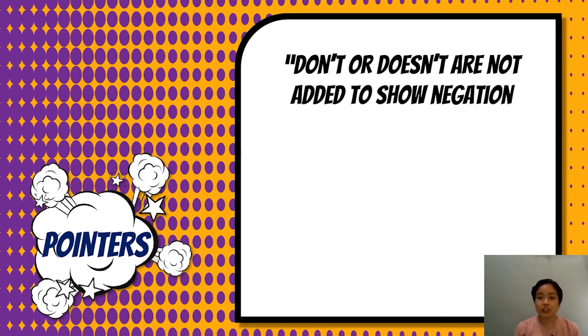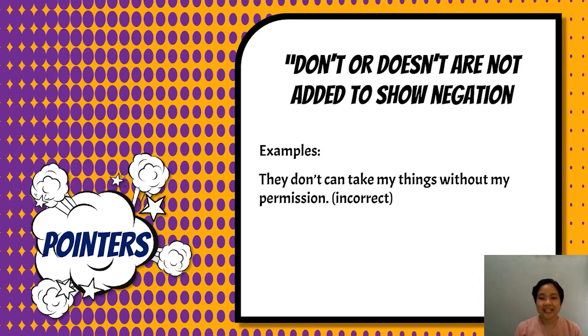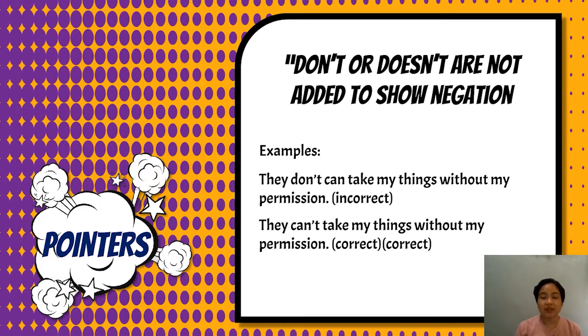Next, don't or doesn't are not added to show negation. Example: they don't can take my things without my permission. We cannot add don't to our modal verb can just to show negation. It must be, they can't take my things without my permission.